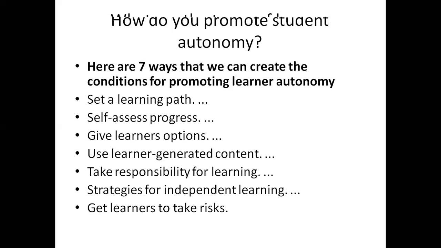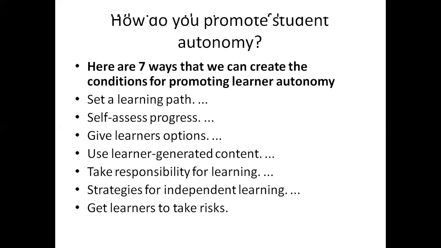Strategies for independent learning. When you will be reading, how you will be reading, where you will be reading, that will be the strategies set by the learner. Okay. So learner autonomy will get the learner to take a risk. So here the learner will have to take the responsibility and also the risk as well.